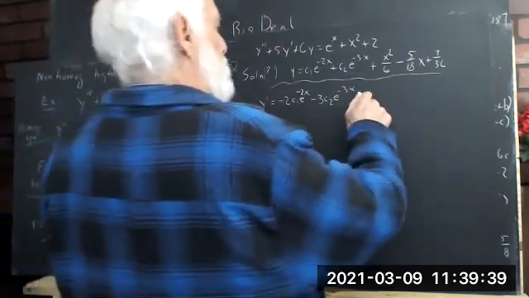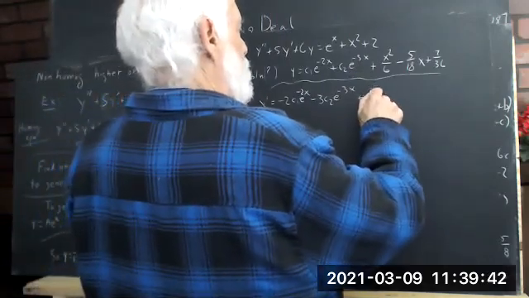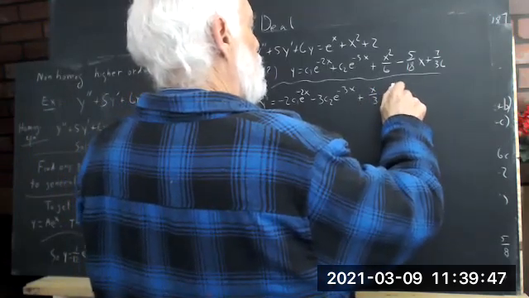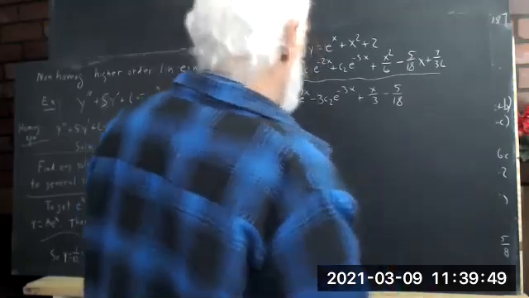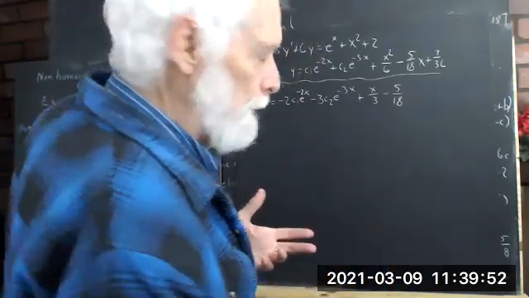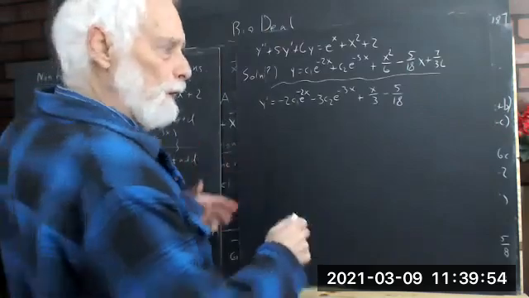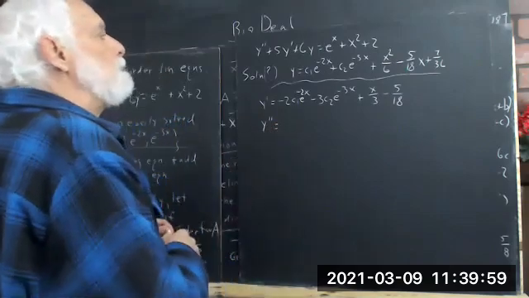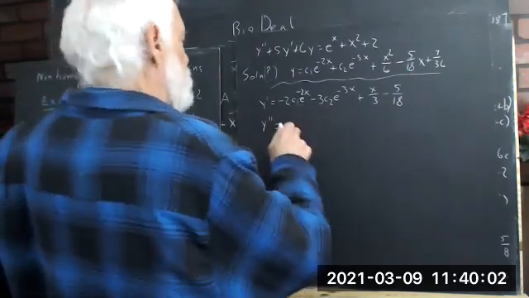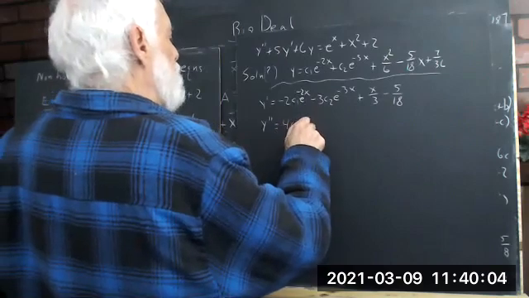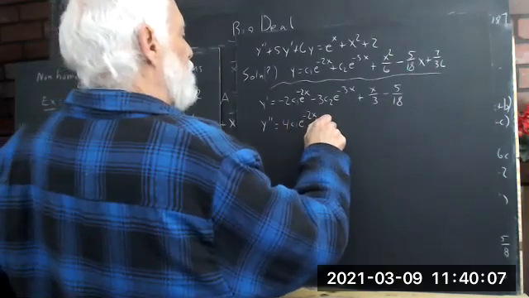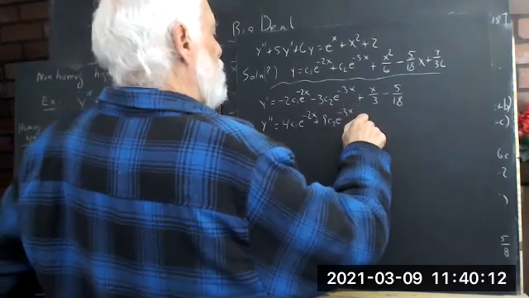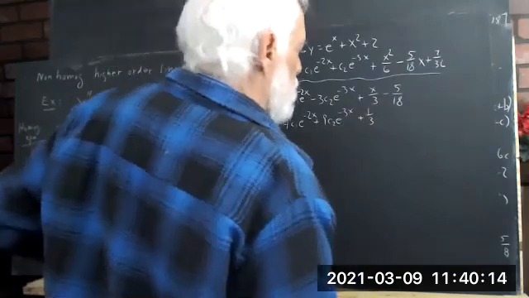And then we're going to get x over 3 minus 5/18. And if you see me do something wrong, scream or something. And we get y double prime then equals the derivative of this, which is going to be 4c1e to the negative 2x plus 9c2e to the negative 3x plus 1/3.